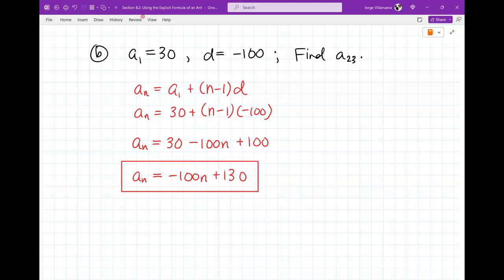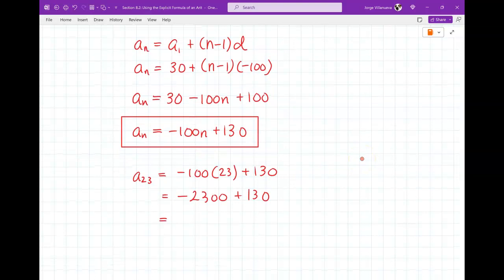Now, let's find the 23rd term. Okay? So a sub 23 will be negative 100 times 23 plus 130. Well, negative 100 times 23 is negative 2300 plus 130.